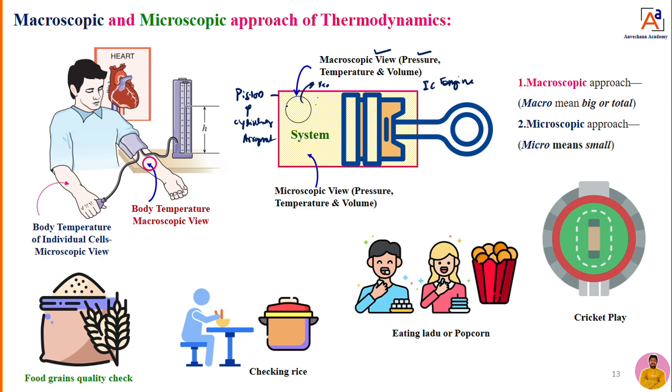I will take a thermometer example. I will put a thermometer into the cylinder. The group of molecules or certain quantity of hot gases will interact with the thermometer and give the reading of temperature. Measuring that property by considering a group of molecules or certain quantity of matter is nothing but the macroscopic approach.